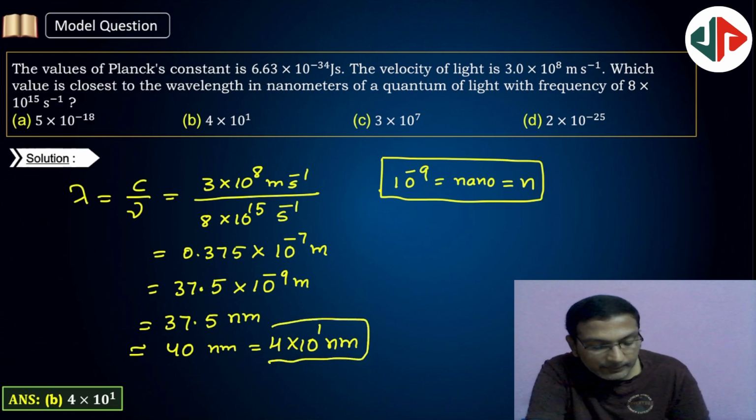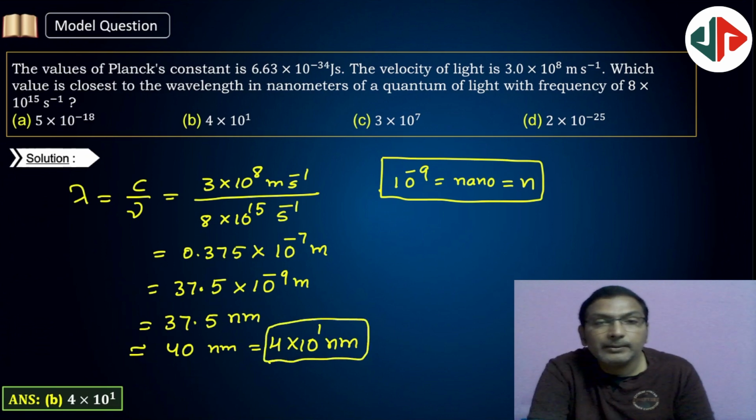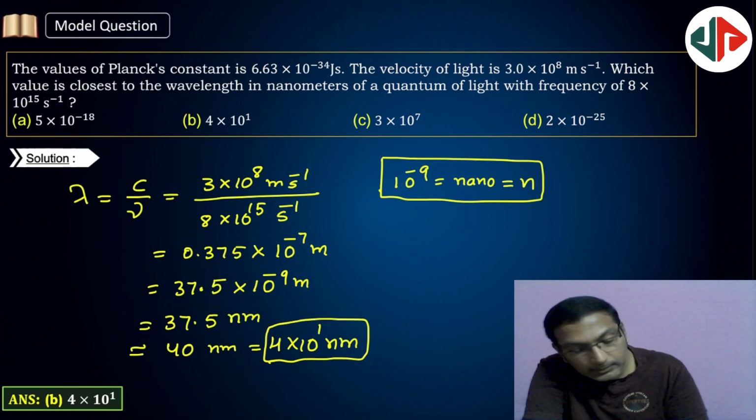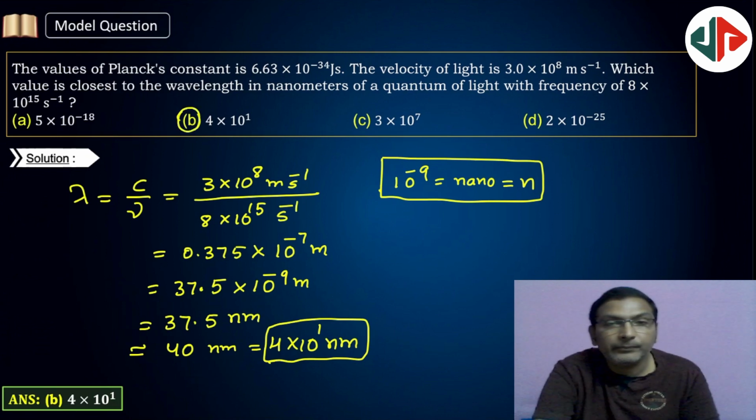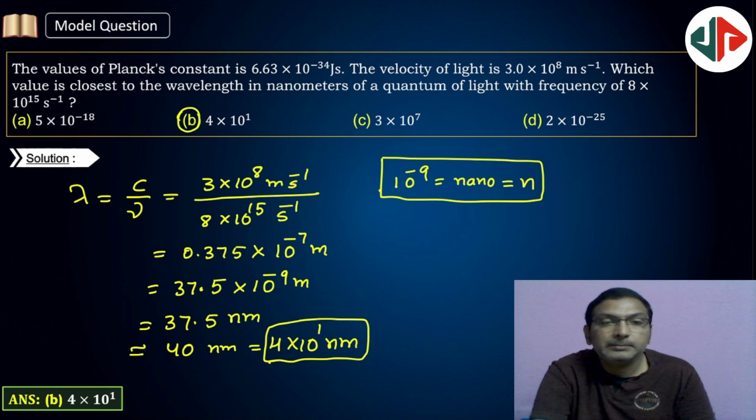This is the answer. So B is the answer. Direct question. 10 power minus 9 is nano.